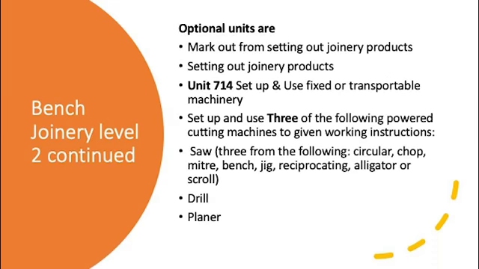Moving on to slide 6, this is bench joinery level 2 continued. These are the optional units for bench joinery: mark out and setting out joinery products, and Unit 714, which is the same one which is in site carpentry, set up and use fixed or transportable machinery.